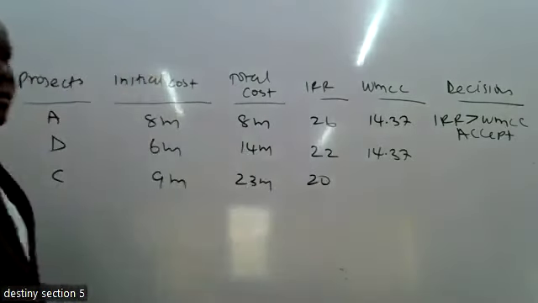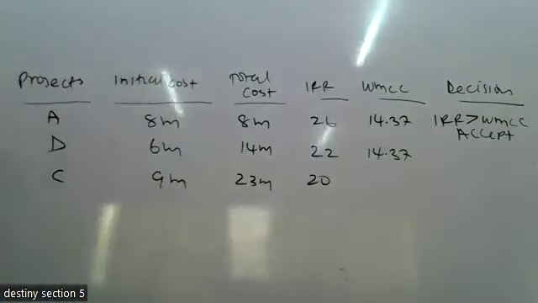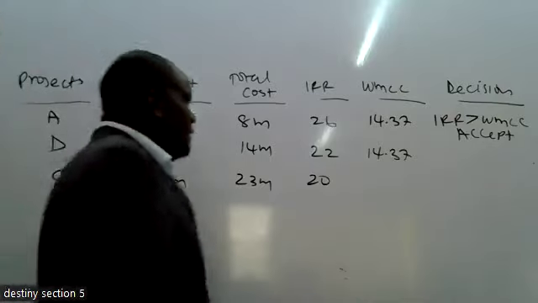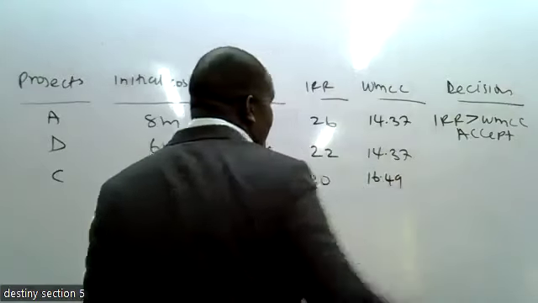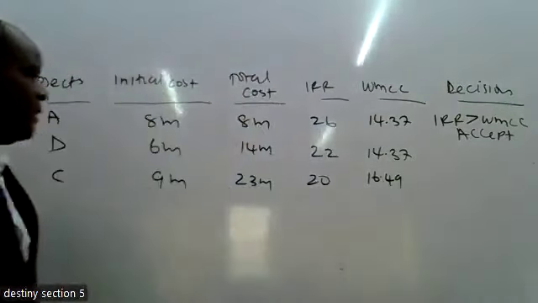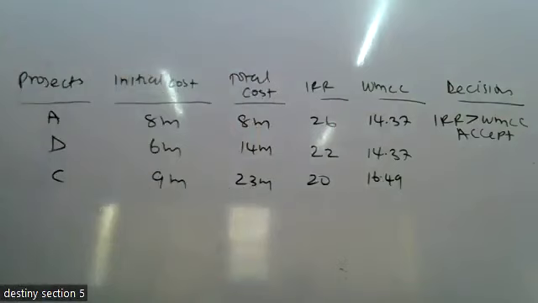So 23 million is above 20 million. So above 20 million, you use the other WMCC, 16.49. So that one we still accept.